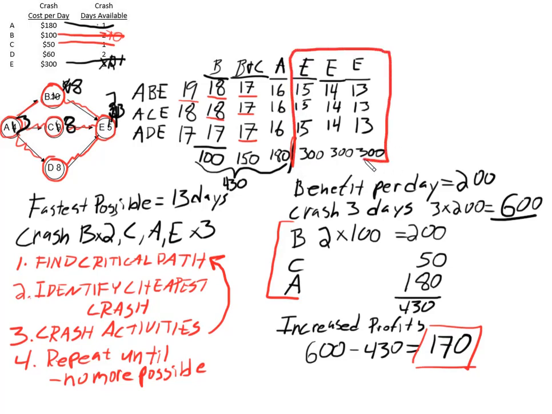Once we'd realized that we couldn't get any more crashing done for less than $200, it's time to stop. So we repeat it until either there's no more possible or there's no more crashing that is economical. And that's what we just did.